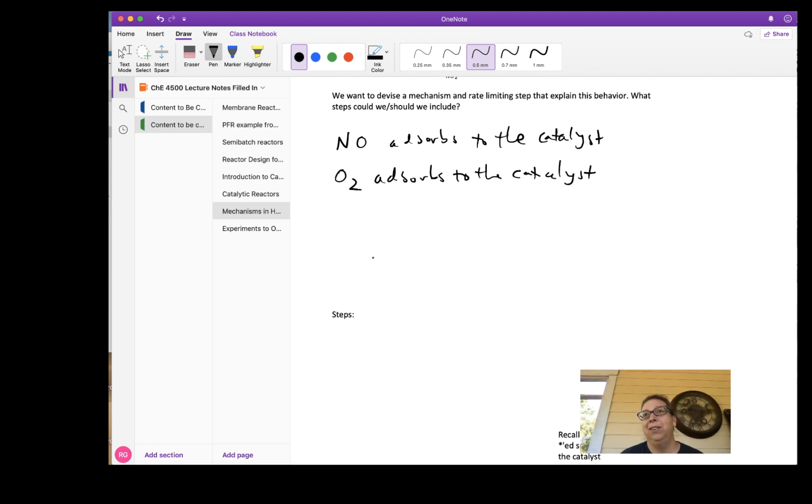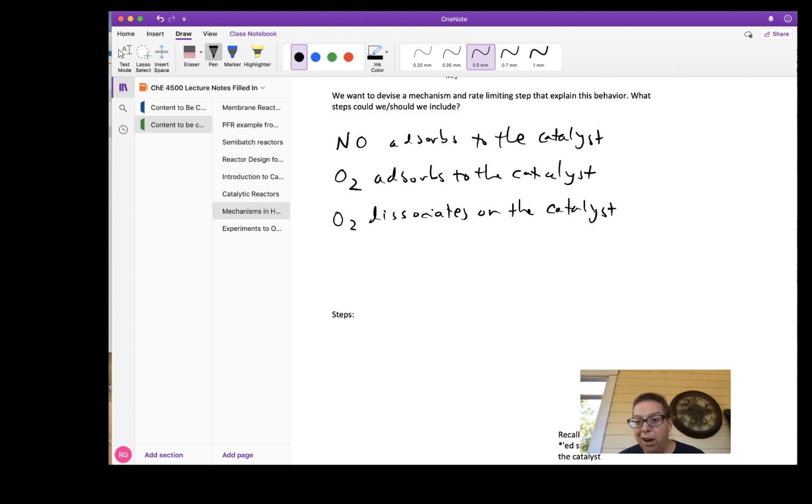We showed in the last video that one of this catalyst's key roles is going to be to break this oxygen-oxygen bond. So O2 is going to have to dissociate on the catalyst.